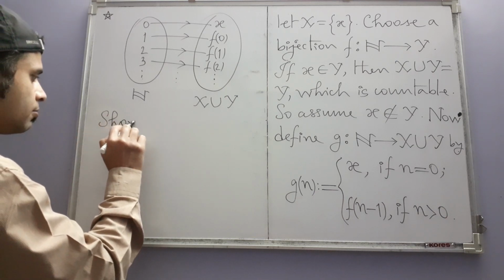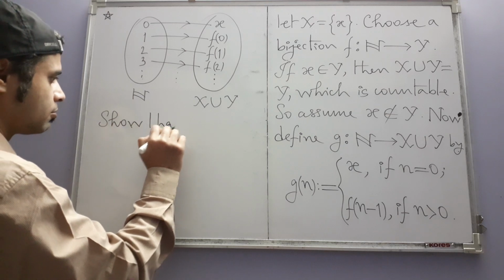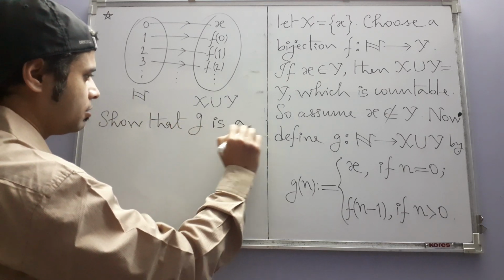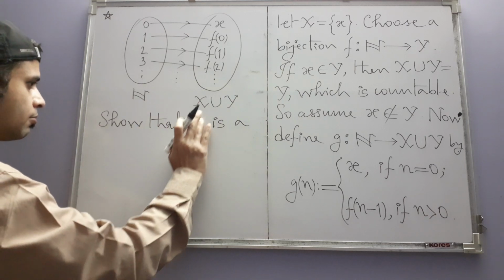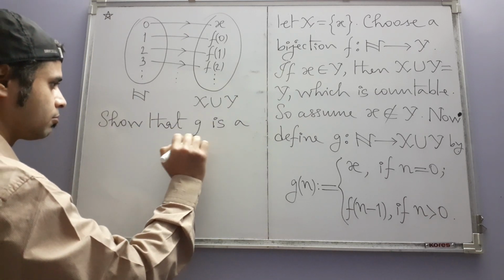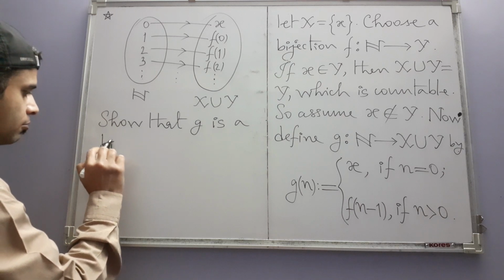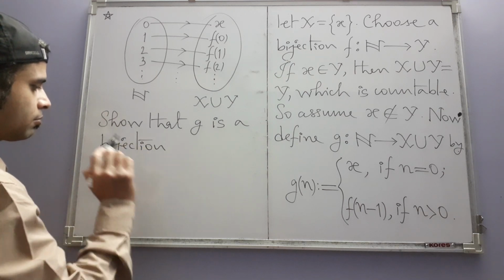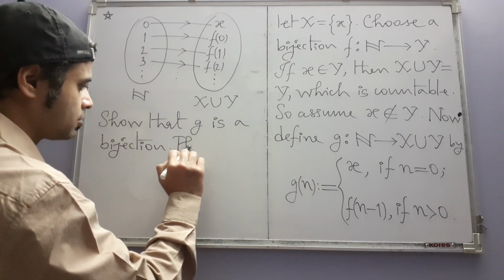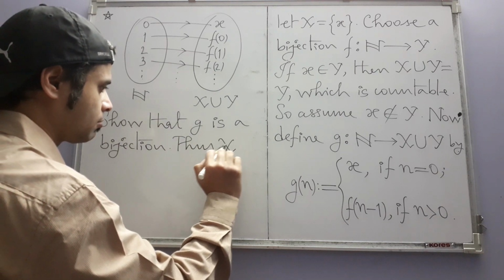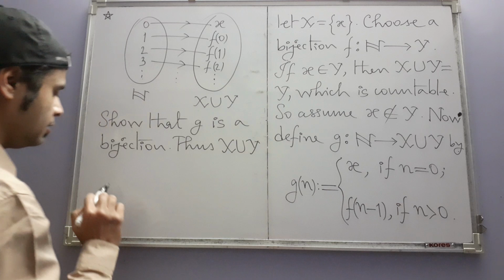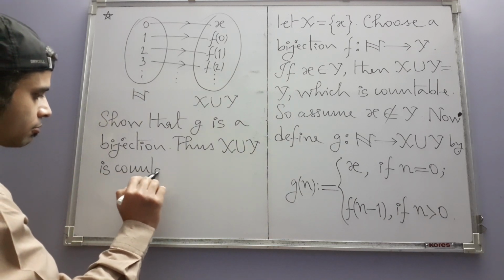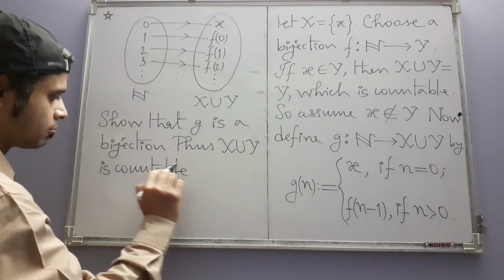Show that G is a bijection. Thus, X union Y is countable.